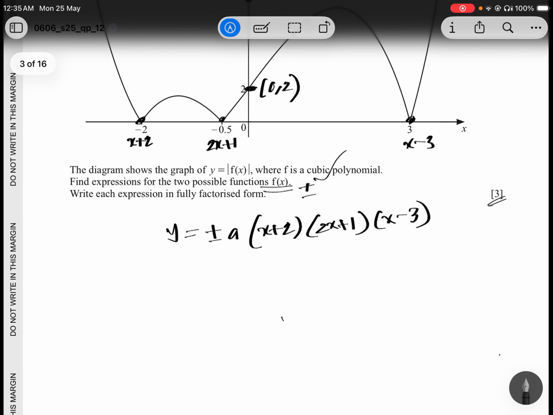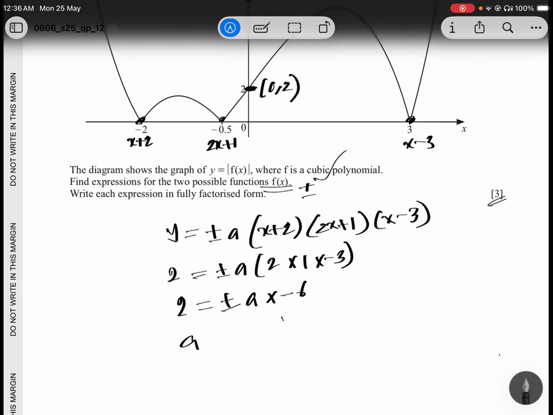So if I input the value of y is 2, I'll have plus minus a, with x as 0. So 2 times 1 times negative 3. So here I'll have plus minus a times minus 6, equal to 2. So the value of a should be minus 1 over 3.